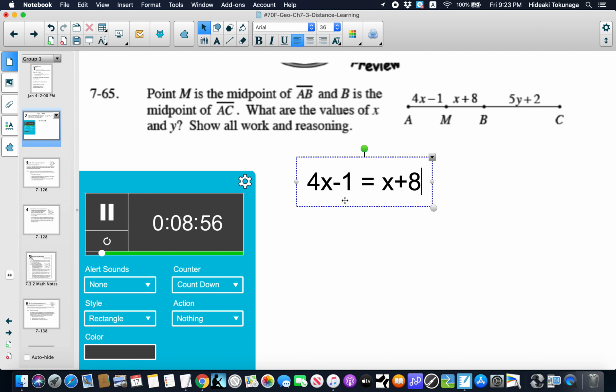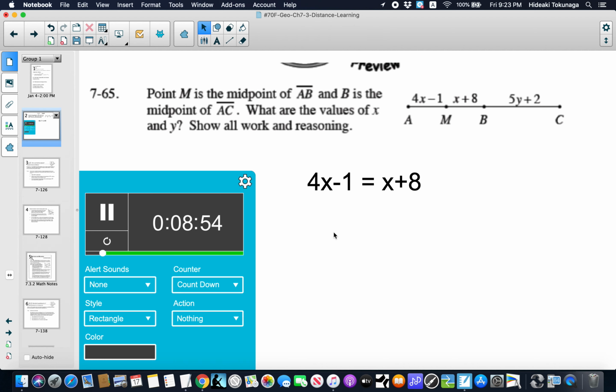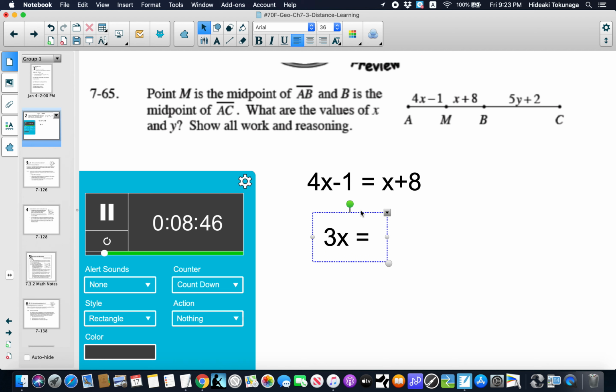You subtract x from both sides, so I write down 3x here, and you add 1 to both sides, so it's going to be plus 1. Maybe I should do the same thing for x, 4x minus x here.